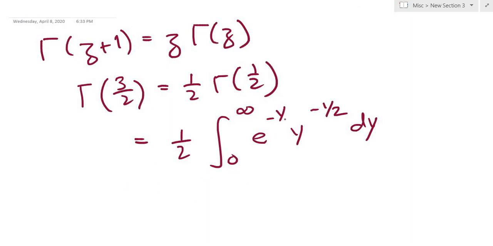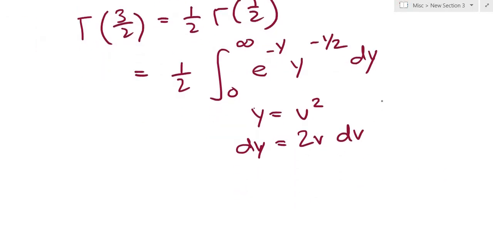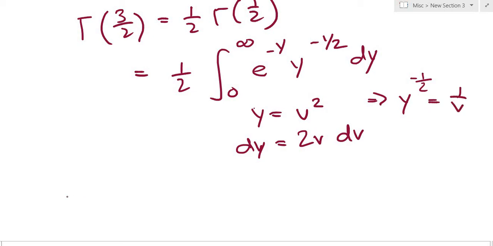Now I want to convert this somehow into a Gaussian integral. So I'll let y equals v squared. So dy is equal to 2v dv, and y raised to the negative half power is nothing but 1 over v.